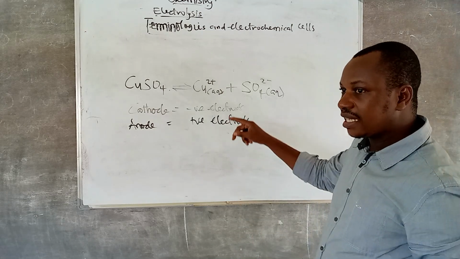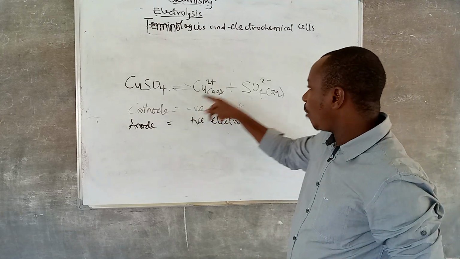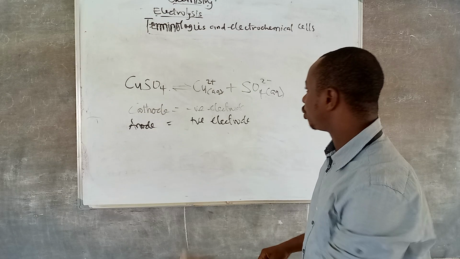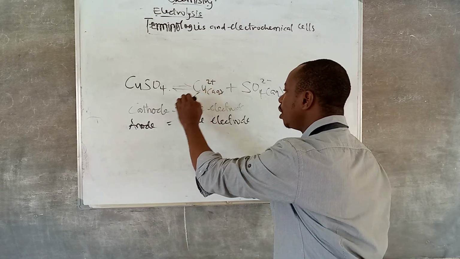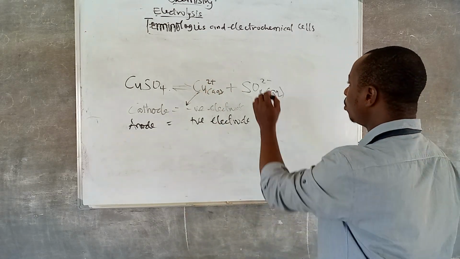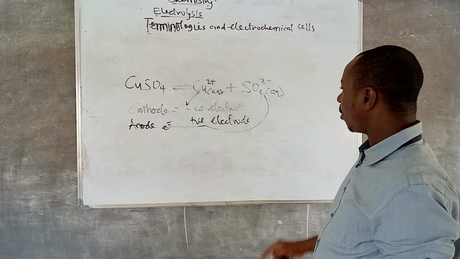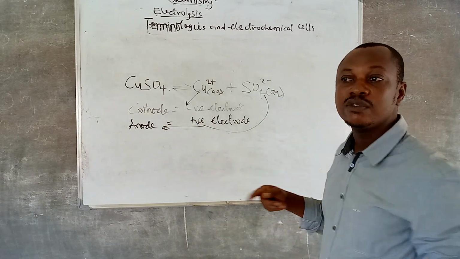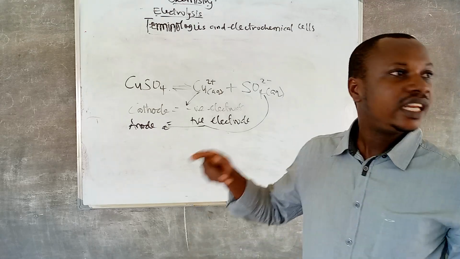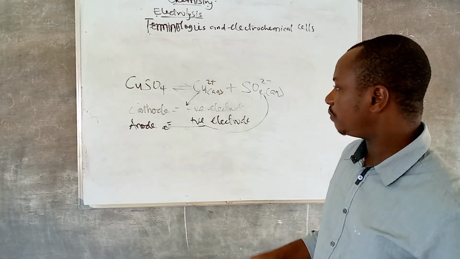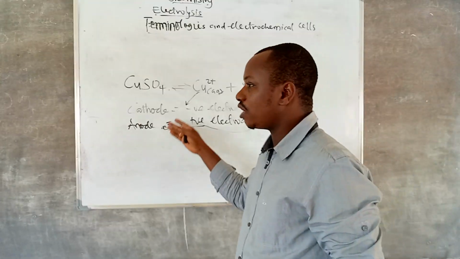Which one will go to the cathode and which one will go to the anode? Copper will come to the cathode and this tetraoxosulphate(VI) ion will come to the anode, because positive will always go to negative. Negative will always go to what? Positive.